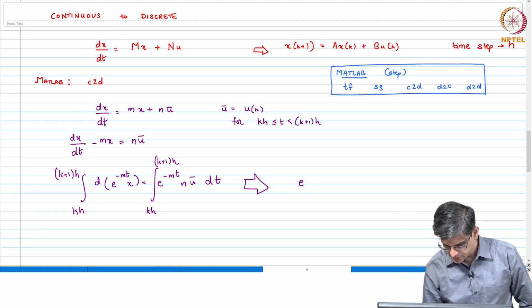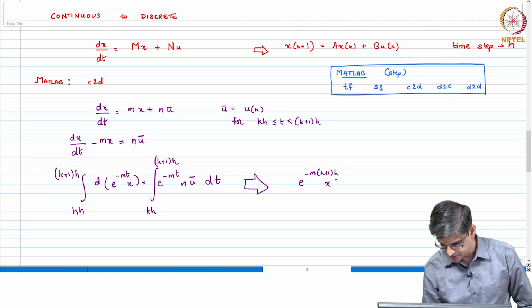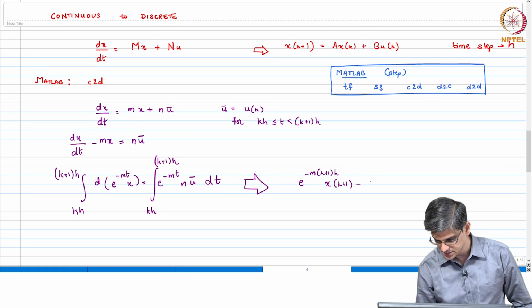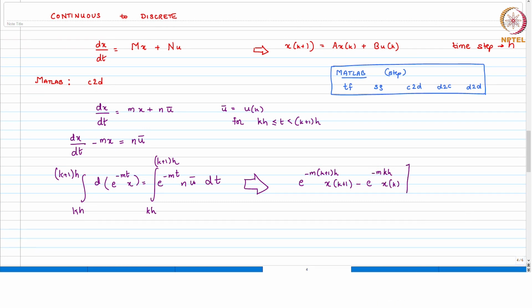You will get e to the power minus m(k+1)h x_{k+1} minus e to the power minus m k h x_k equal to integral from kh to (k+1)h.